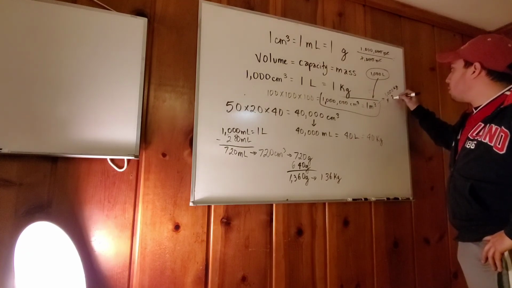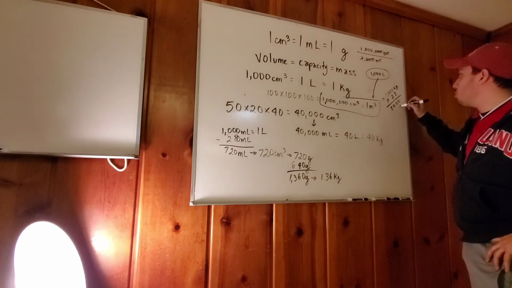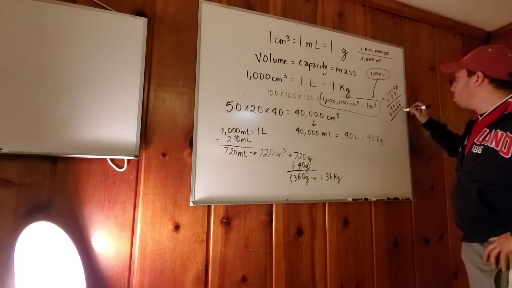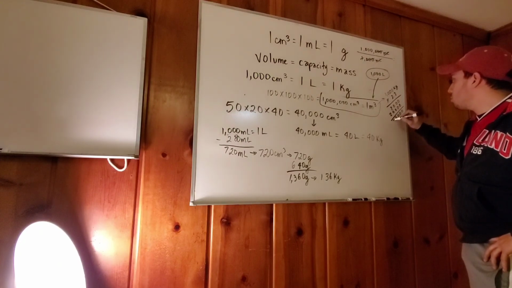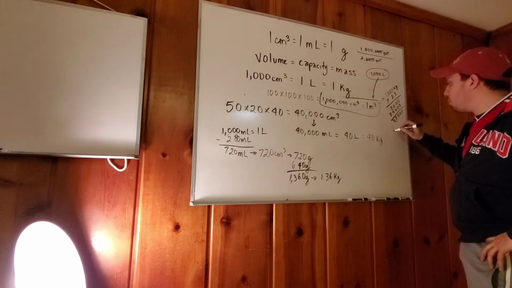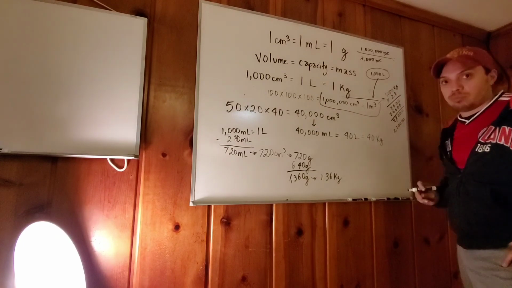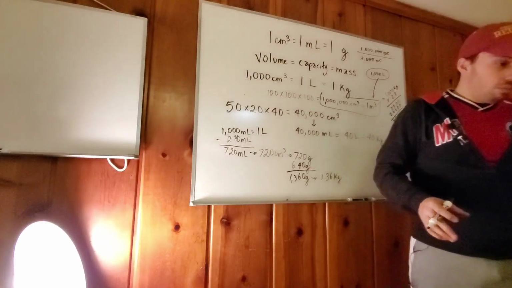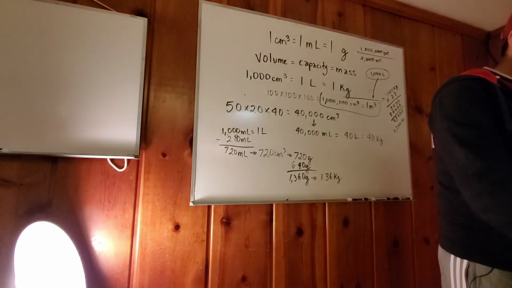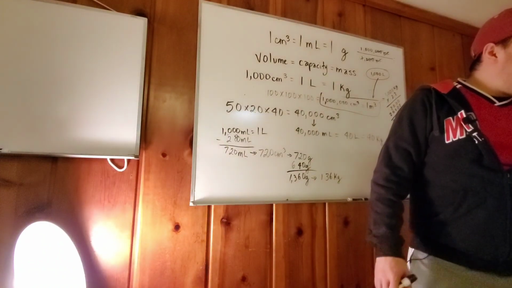And if I multiply that by 2.2 pounds, I'm going to get 2,200 pounds. Whew. Need to go to the gym to be able to lift that. That's a heavy cubic tank.